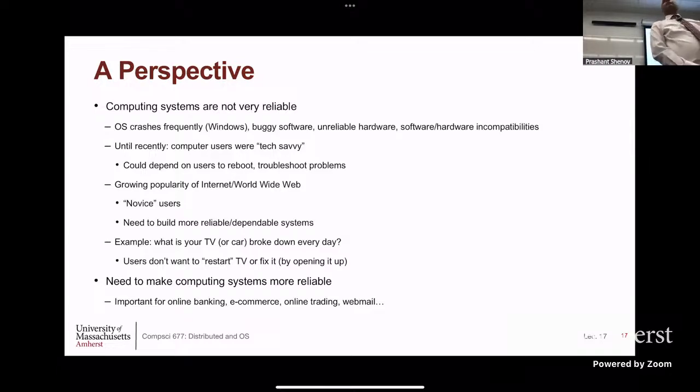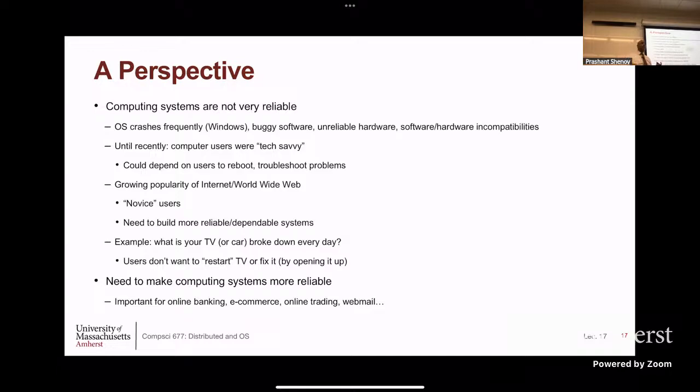Let's take an even more extreme case. Let's say all cars are also computing devices because they all have sensors in them. They can figure out all kinds of things like crash detection and do automatic braking, so they run a lot of software. If you tell somebody every 4 days you've got to reboot your car, they don't understand what that even means or why you've got to do that.